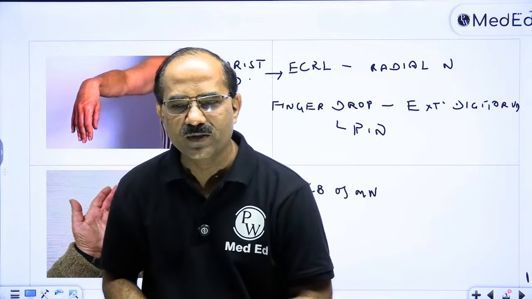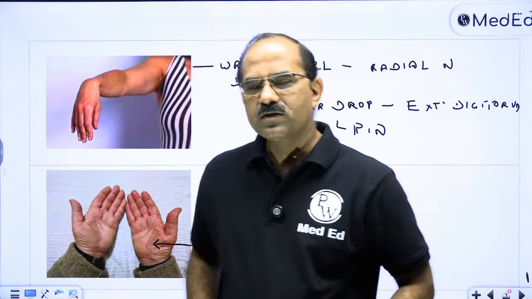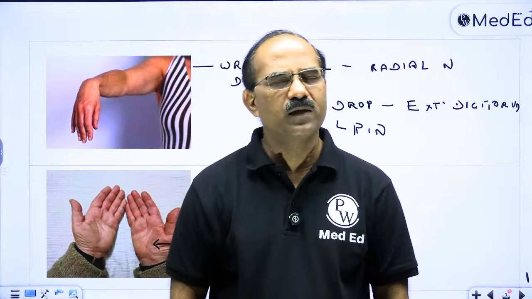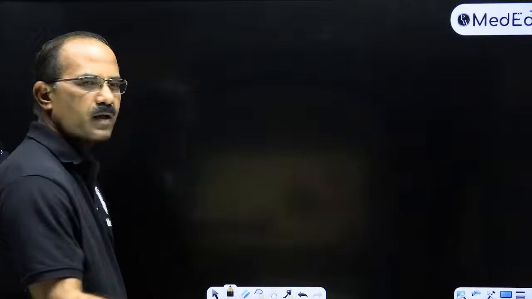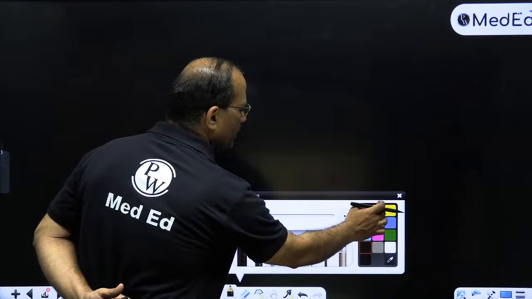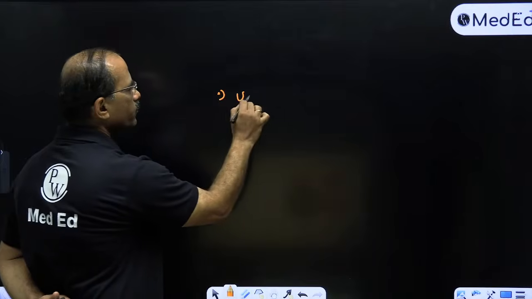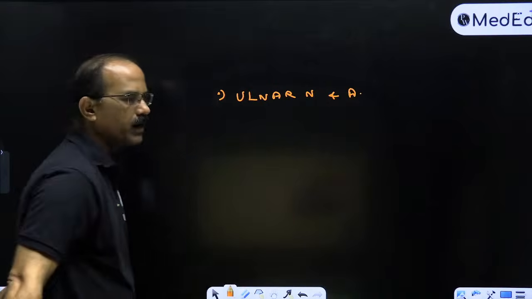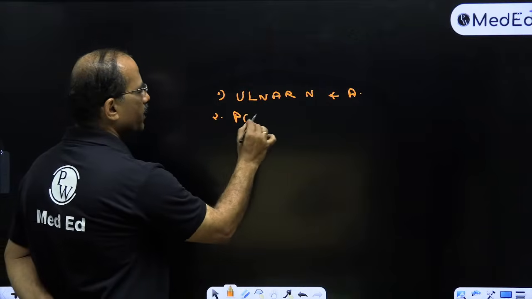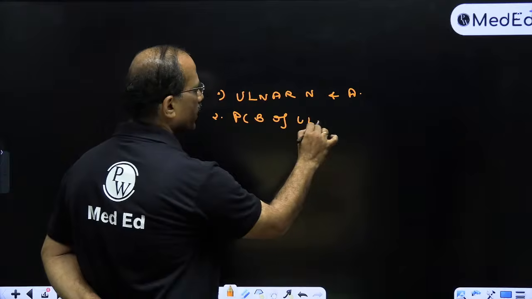Understanding this, students? Yes. Structures passing above the flexor retinaculum: you have to know these. Say it. Anyone? One is the ulnar nerve and artery. Second is the palmar cutaneous branch of the ulnar nerve.